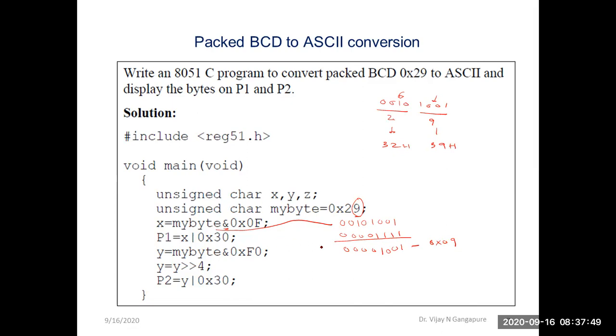Now in the x variable I have 0x09. The next statement is p1 is equal to x bitwise OR. This bar means bitwise OR. It is ORed with 0x30, which means whatever value is in x, now 0x09, that is 00001001, is bitwise ORed with 0x30, which is 00110000.